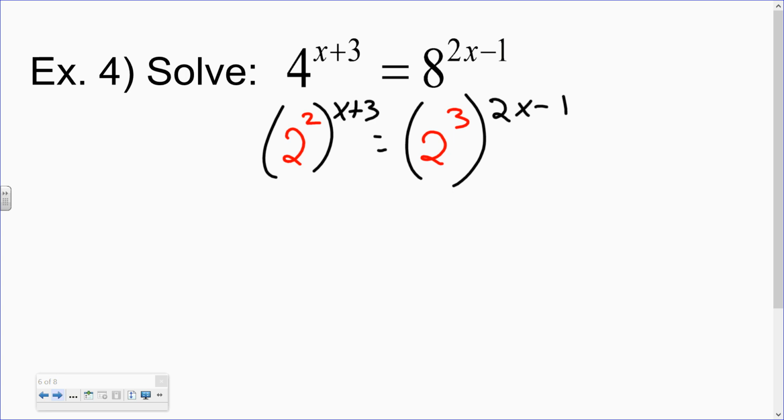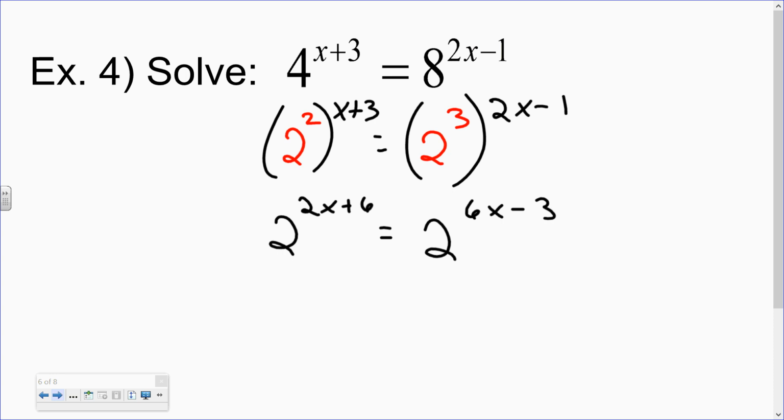When you have x to one power to another power, what do you need to do with those powers? Jen, what do we need to do with the powers? We have to multiply them so that we get 2 to the 2x plus 6 equals 2 to the 6x minus 3. Did I get that right?